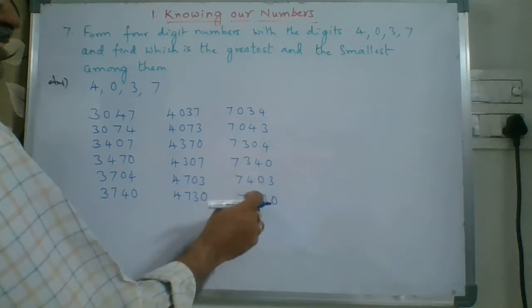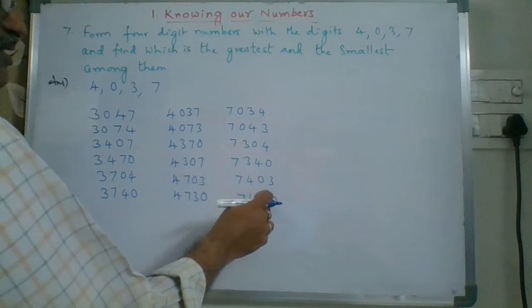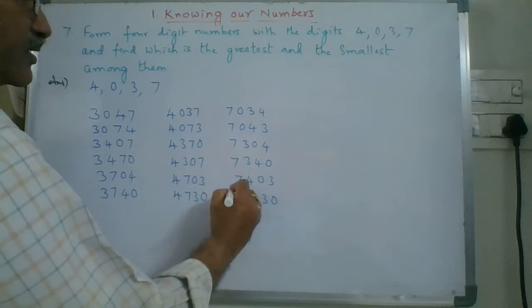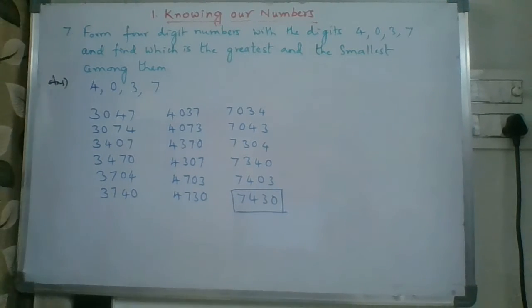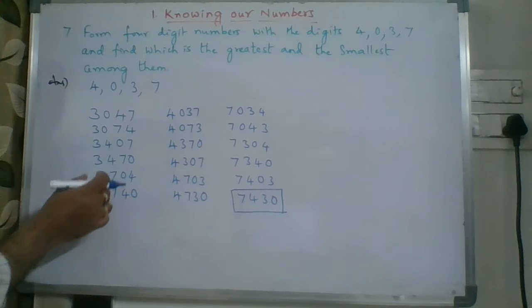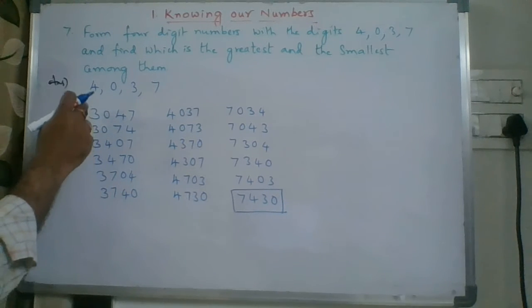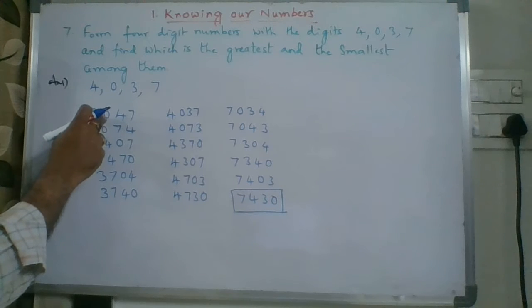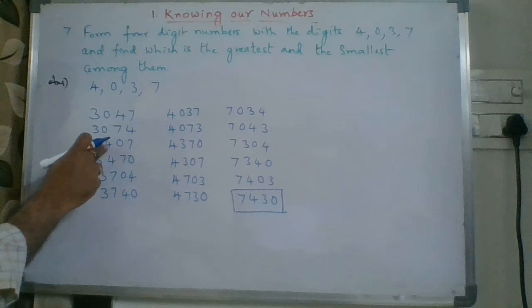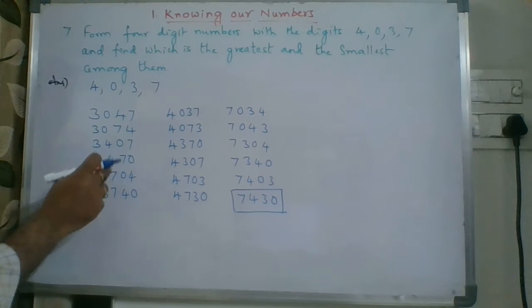Now among these two, in tens place it is 3 and here it is 0, therefore this is the greatest number. And the smallest number from this column: 3047 and, in hundreds place, 0, 4 and 7.